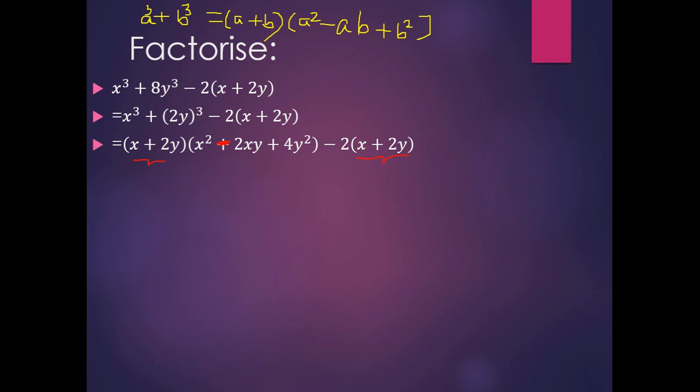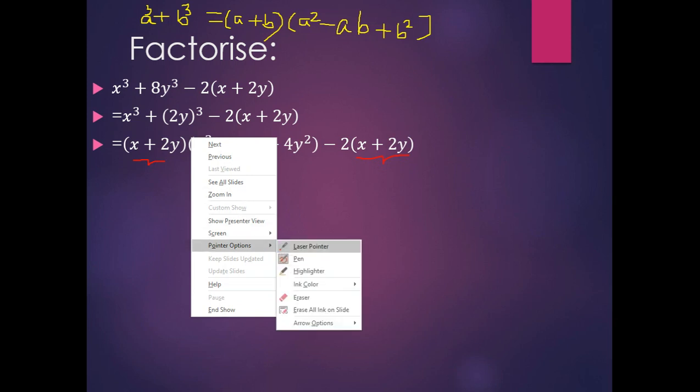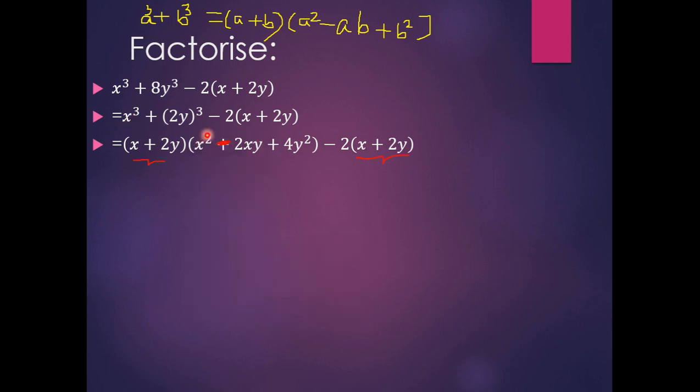Here in place of a we have x, in place of b we have 2y. So a plus b: in place of a we write x, in place of b 2y. x square here, minus, from the formula, in place of a x, in place of b 2y, so x times 2y is 2xy, plus b square, in place of b we have 2y, so 2y whole square is 4y square, minus this 2 times x plus 2y is the same.